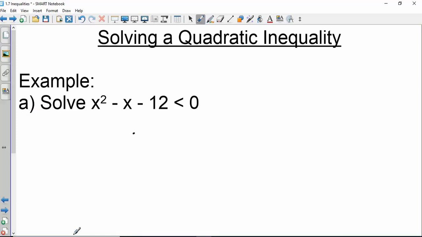Okay, so we are going to solve quadratic inequalities. We've solved quadratic equations. Now we're doing an inequality. This is all still part of the same section.